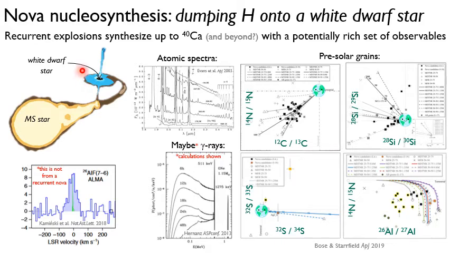From molecular rotations, you can tell the difference between, for instance, aluminum fluoride with aluminum-26 or aluminum-27, and those lines could potentially be used to get abundances from nova nucleosynthesis. But again, this is a possibility. This has not been done yet.